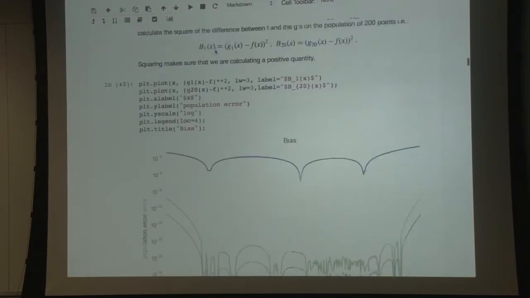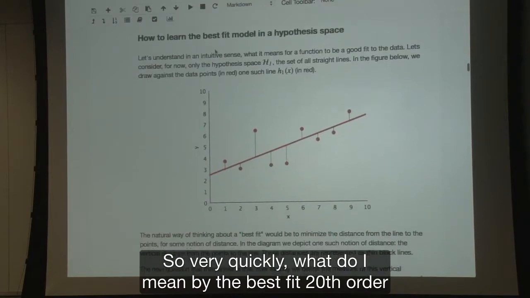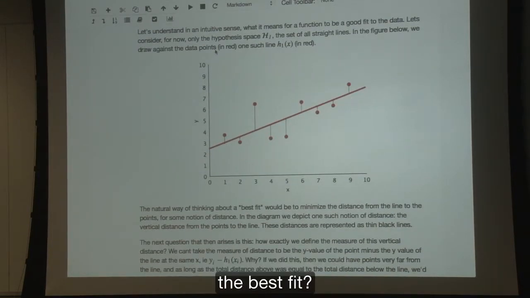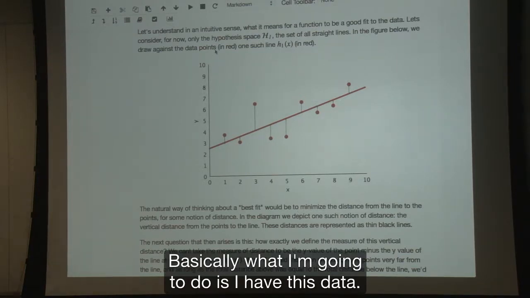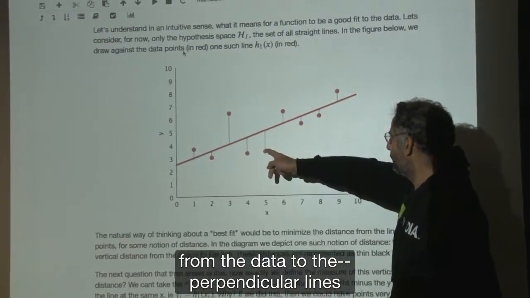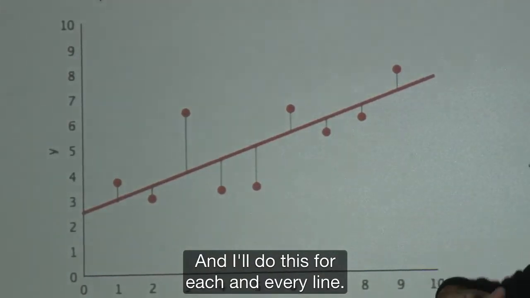Okay, so very quickly, what do I mean by the best fit 20th order polynomial, or what do I mean by the straight line that's the best fit? It's a very simple notion. Basically, what I'm going to do is I have this data. I'm going to drop perpendicular lines from the data to the line I'm trying to fit. And I'll do this for each and every point.